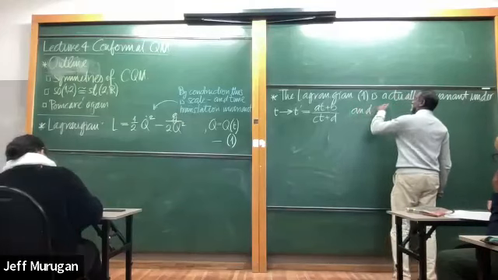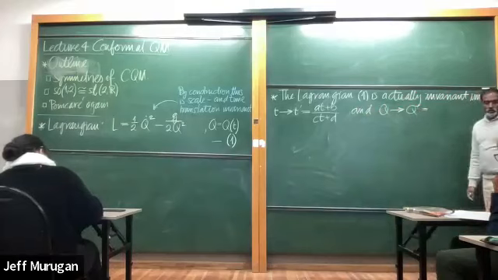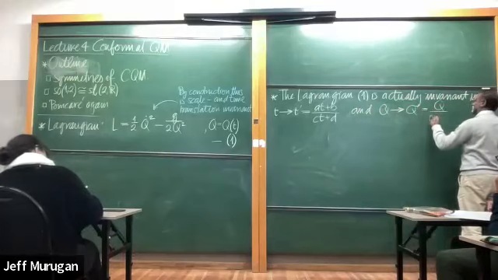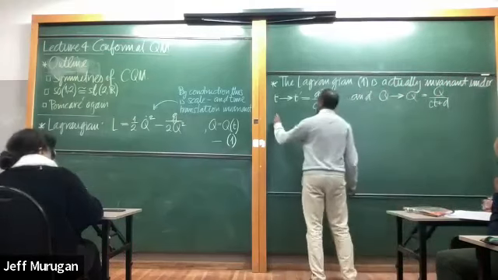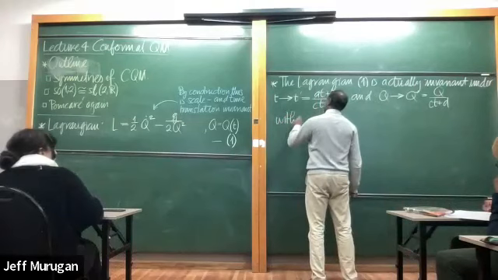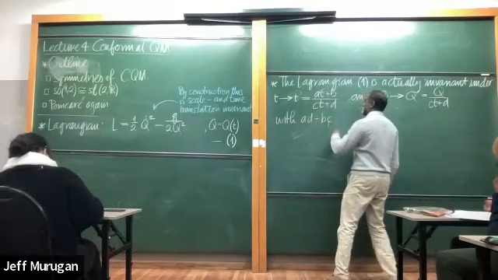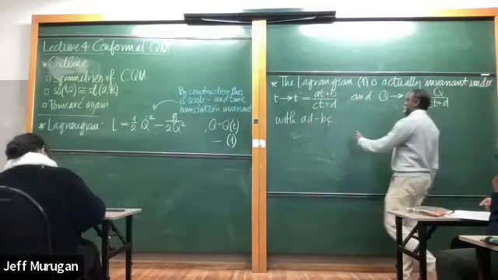And simultaneously, we send Q to Q prime, and Q prime is Q over (CT plus D). And the only constraint that I have is that A times D minus B times C must be 1.